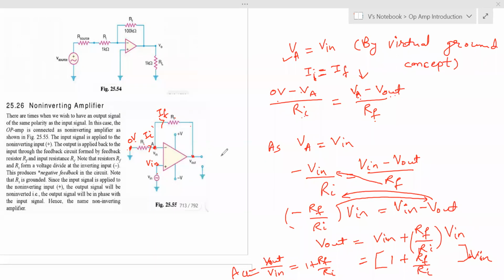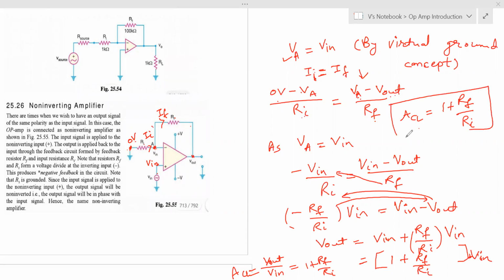Why is it called closed loop? Because we have a feedback resistor. Okay, so ACL equals 1 plus Rf upon Ri. This equation we got. So if you know the values of Rf and Ri, you can calculate the gain.